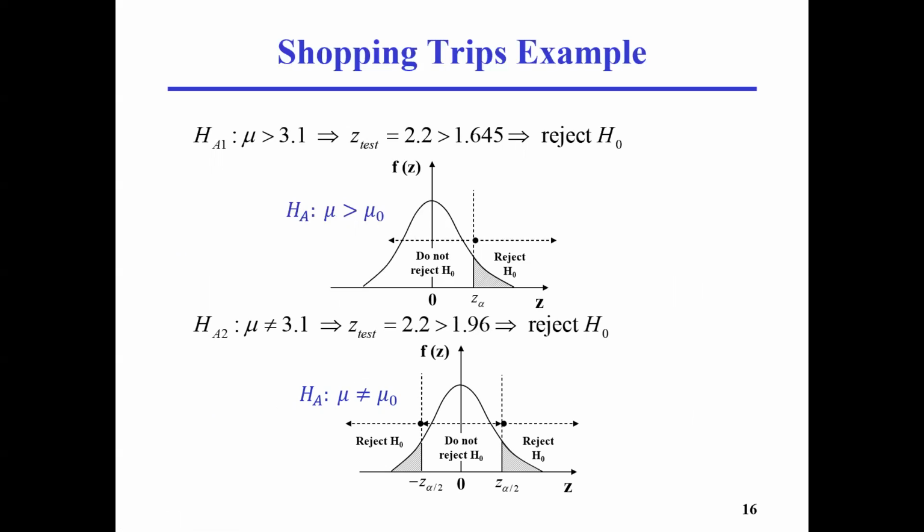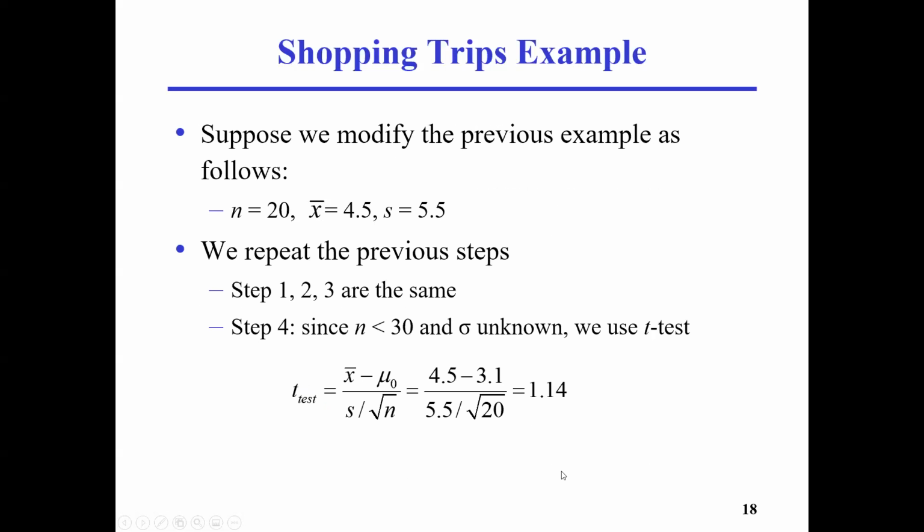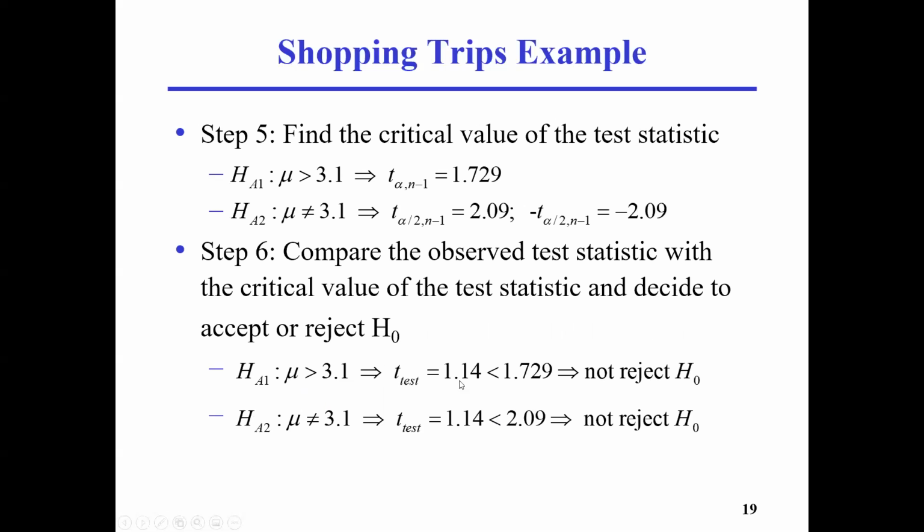So you can simply draw the same figures for the one-sided test and two-sided test to decide if your z value or your t value is within the do not reject range or in the reject range. That's why here I only compared them mathematically. I did not add graphs here, so you can do it yourself.